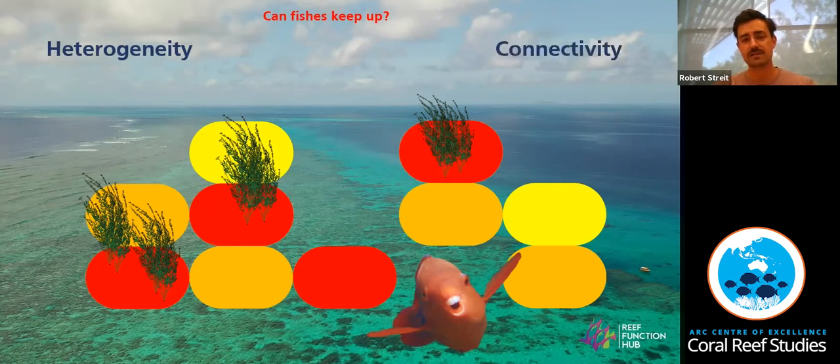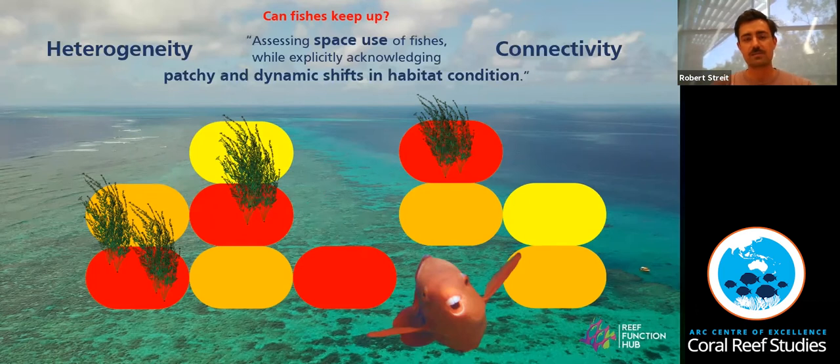And on the other side, connectivity, to understand whether fishes can link and bridge these differences in reef condition. So for me personally, what I'm interested in is assessing space use of fishes while explicitly acknowledging the patchy and dynamic shifts in habitat condition. So that was sort of the main core of what I did in my PhD.